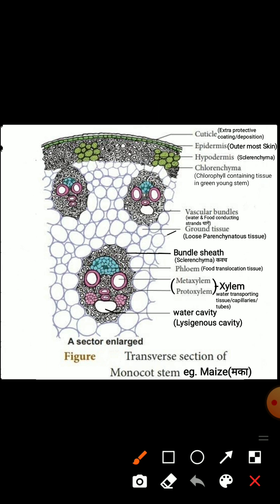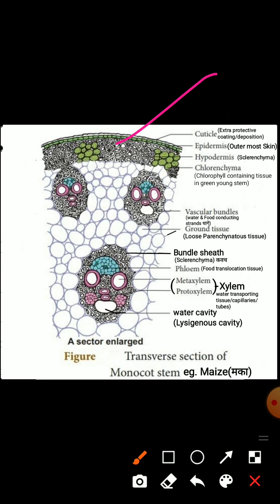It is not necessary to sketch the chlorenchyma, but if it is a very young stem, green in color, it shows the chlorophyll containing photosynthetic cells, tissues in the form of patches of chlorenchyma there in the hypodermal part.